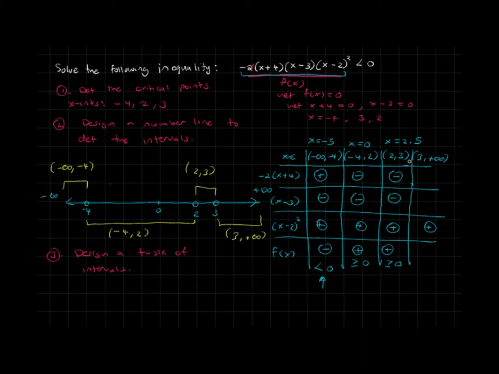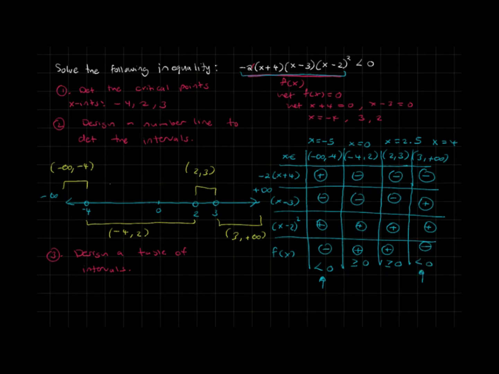Anyways, let's take a look at the last interval, 3 and positive infinity. Let x equal 4. Then this is 8 times negative 2, which is negative 16, so this is negative. 4 minus 3 is positive 1, and then this is negative. Right, so this is less than 0.